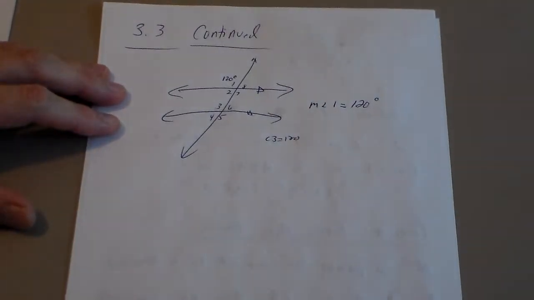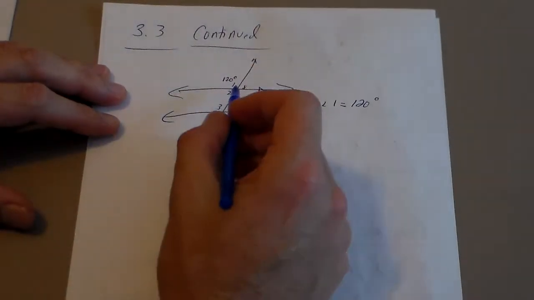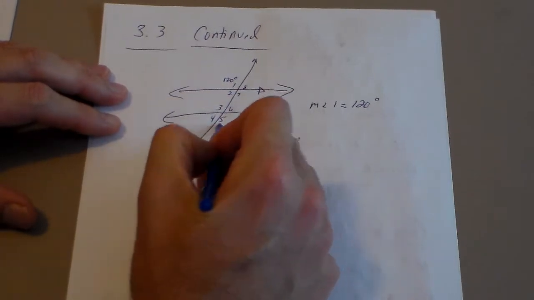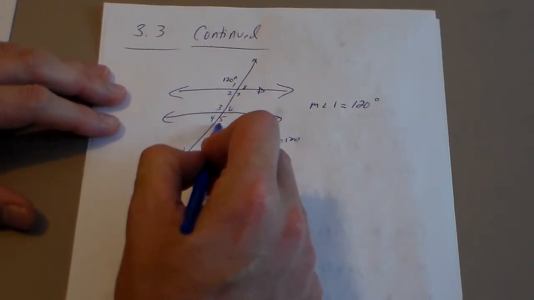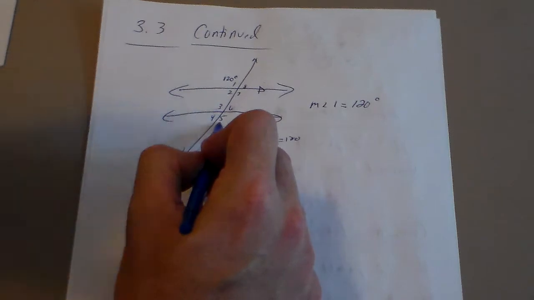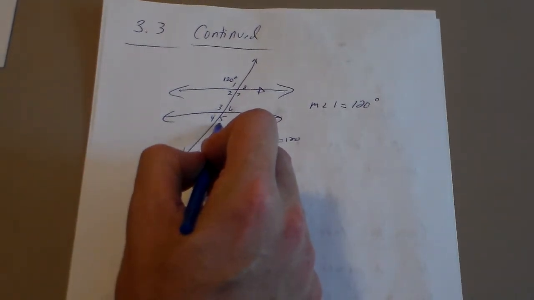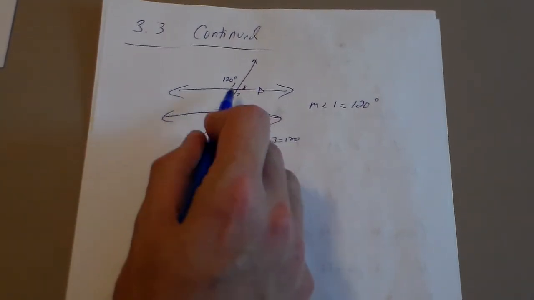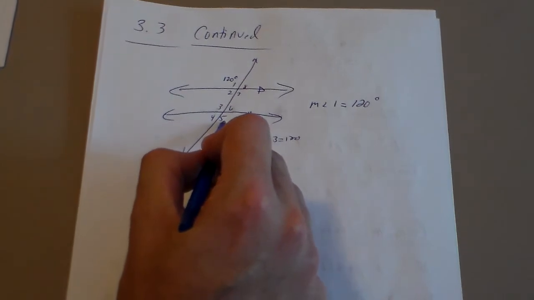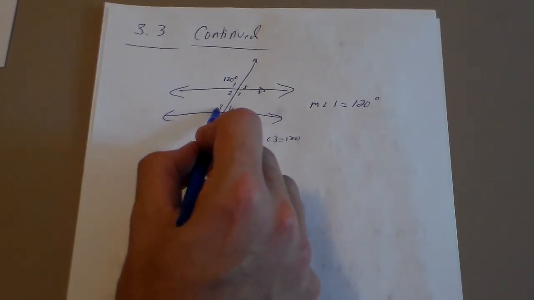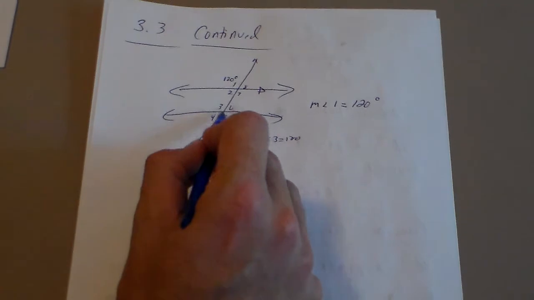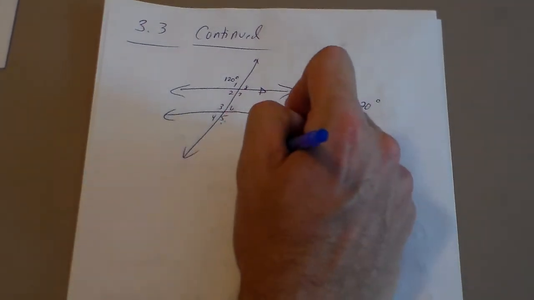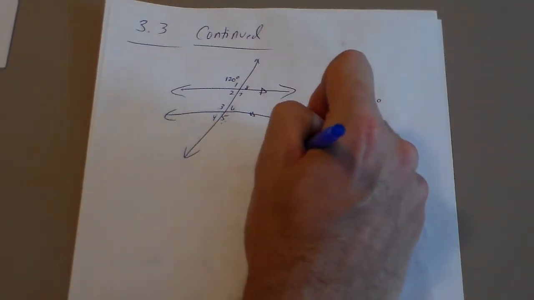And if I had to have a reason, I could say corresponding angles. I could say that 5 is 120. And I could have multiple reasons for that. I could say that that's equal to 120 because these are alternate exterior, or I could say if this is 120, this is 120 because these two are vertical angles. So angle 5 equals 120.